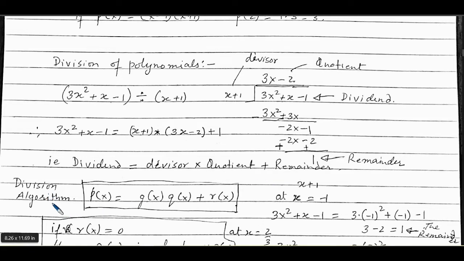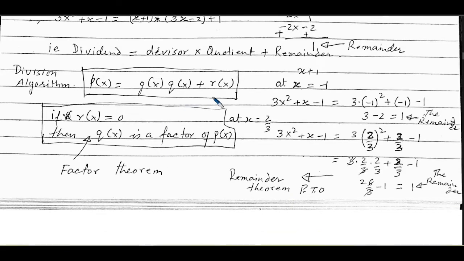This is the division algorithm: any polynomial p(x) is a dividend, this is the quotient, and r(x) is the remainder. Here r(x) may be 0 or non-zero, and if it is 0, then we say this divisor is a perfect factor of this dividend. We will come to it.